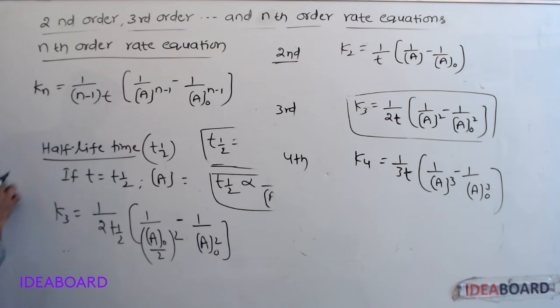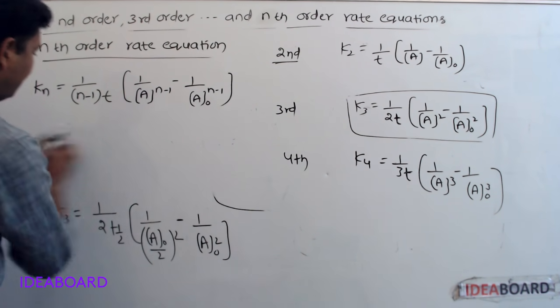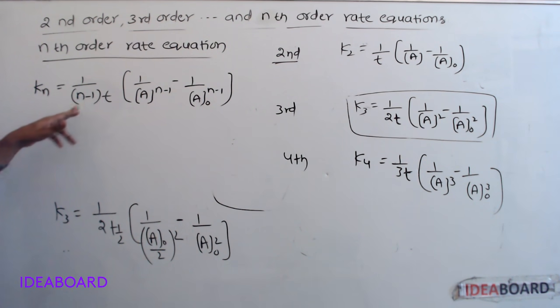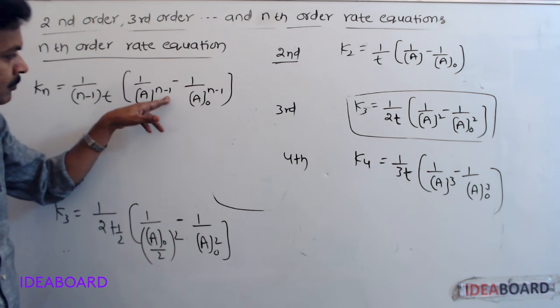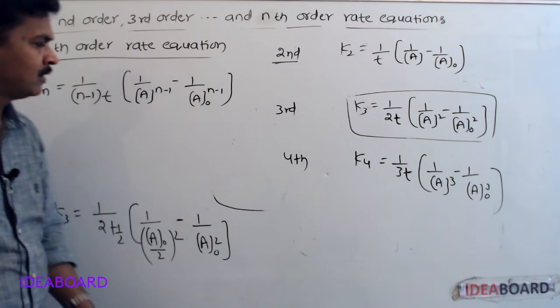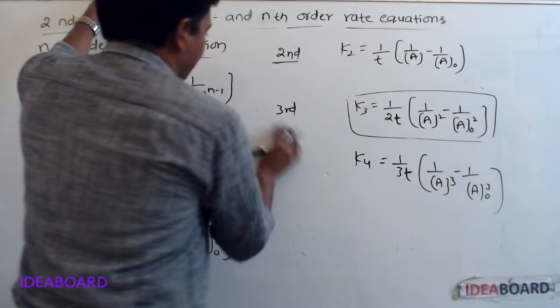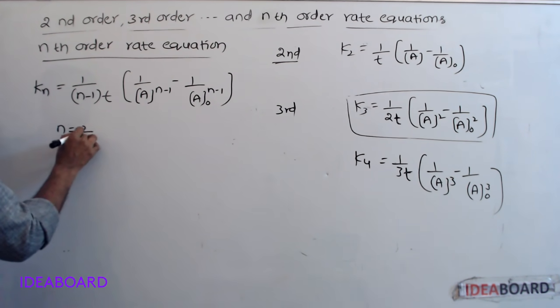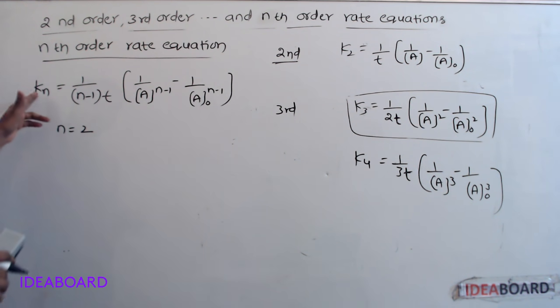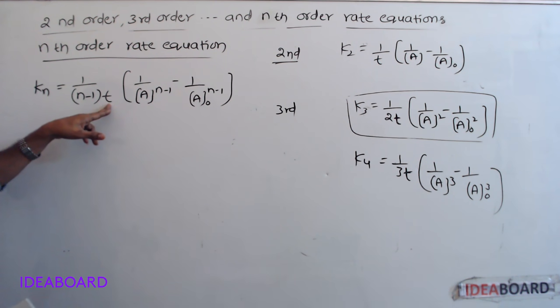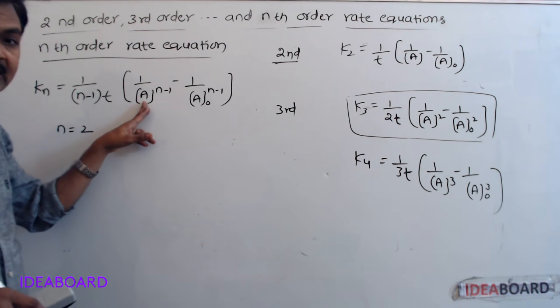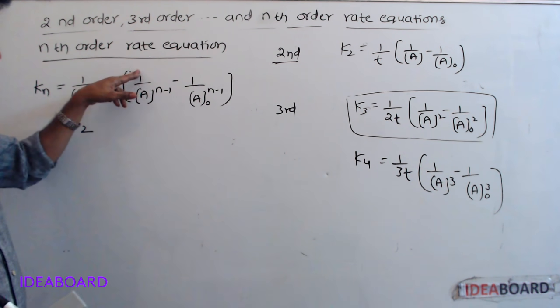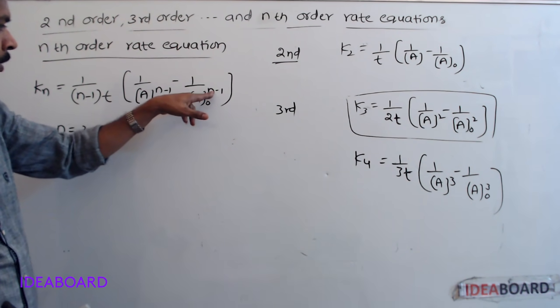For nth order reaction, we write the equation Kn is equal to 1 by (n minus 1)t into (1 by A power n minus 1 minus 1 by A naught power n minus 1). This is for nth order. By putting the n value for second order reaction, n value is 2: 1 by (2 minus 1)t into (1 by A power 2 minus 1, that is 1 by A, minus 1 by A naught power 2 minus 1).